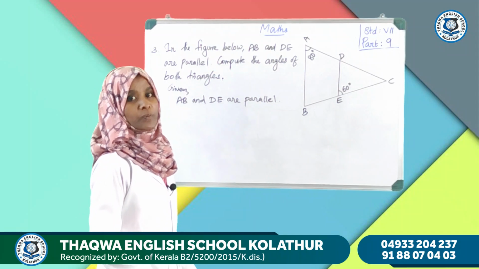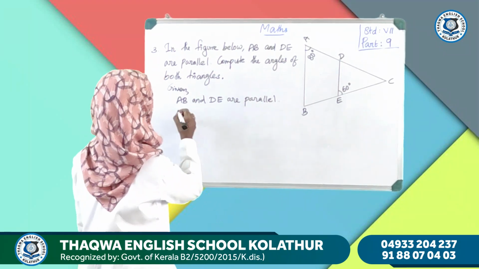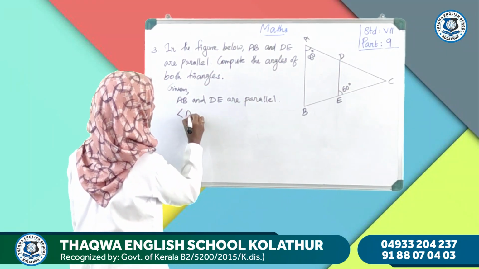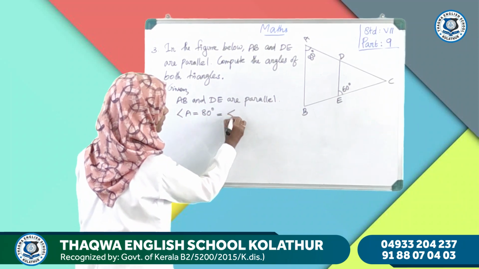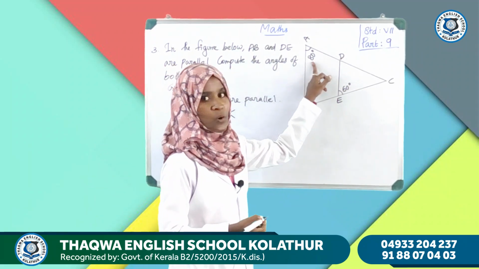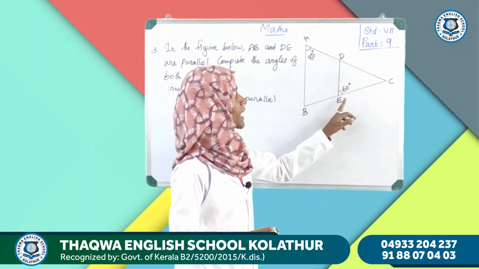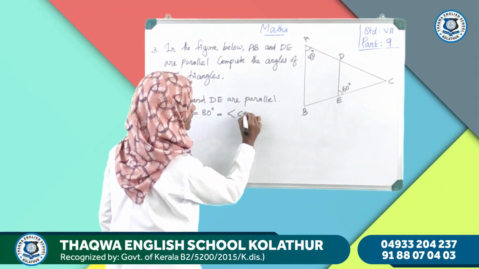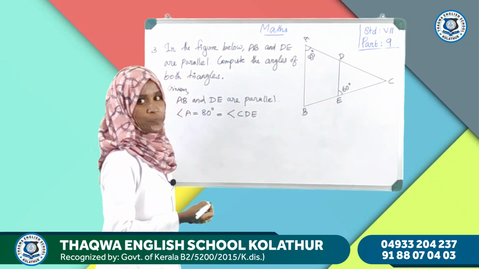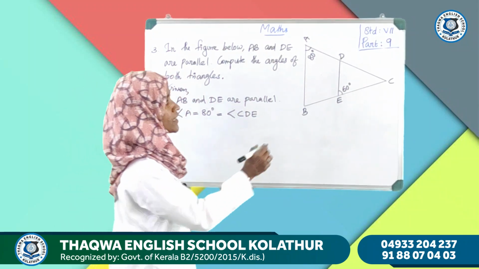Now what do we get from this figure? Angle A equals 80 degrees. So angle CDE is also 80 degrees. What is the reason?